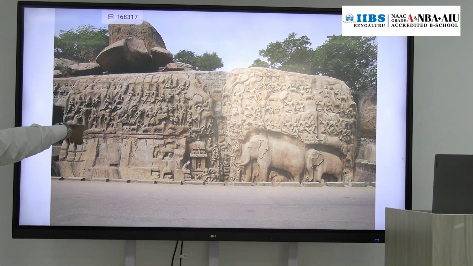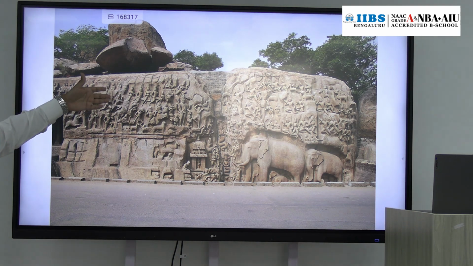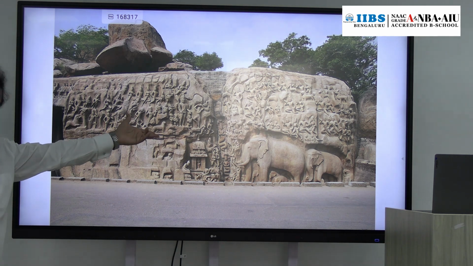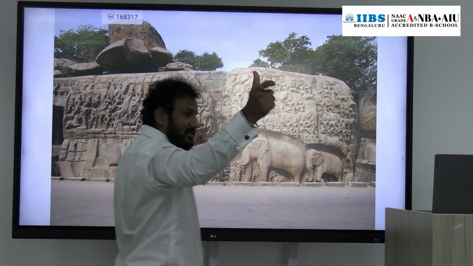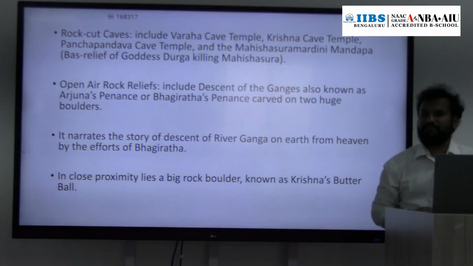That story is depicted here. We have Devas and Gandharvas present here. Elephants are also present. That is Arjuna's Penance.